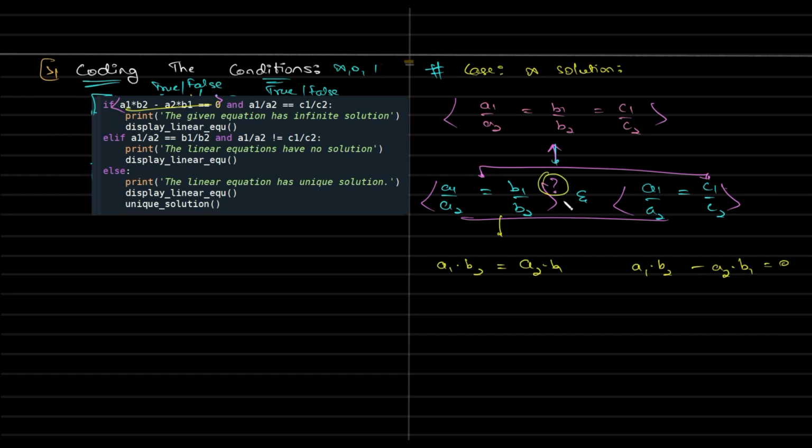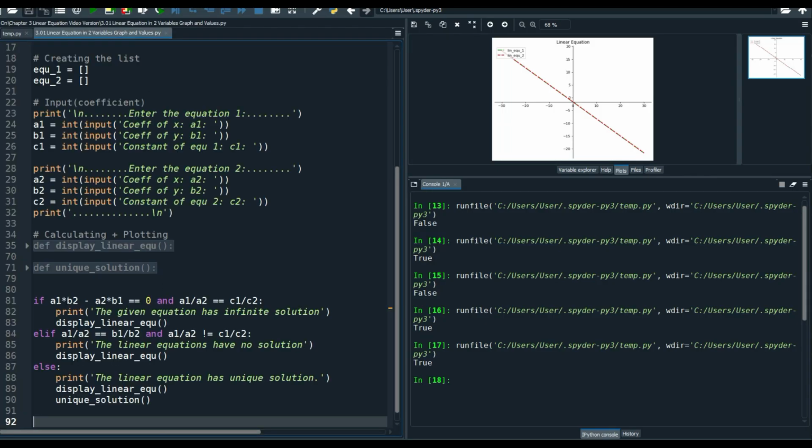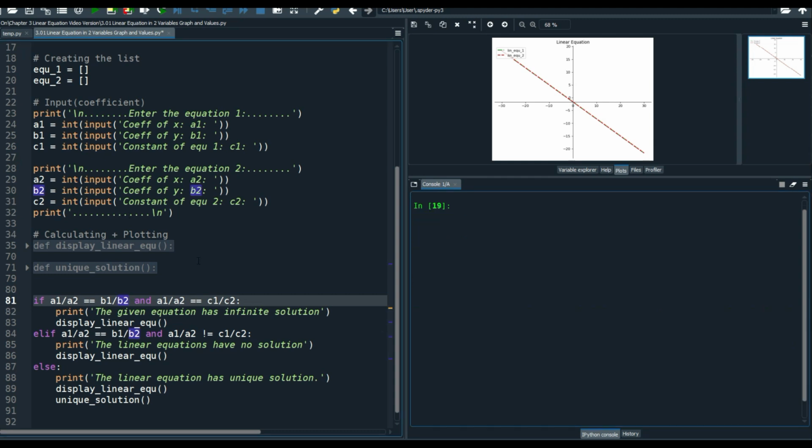The next question might be, can't we do this similar to what we've done over here? Well, we can. So we have a1 by a2 equal to b1 by b2. Okay, so let's clear this.